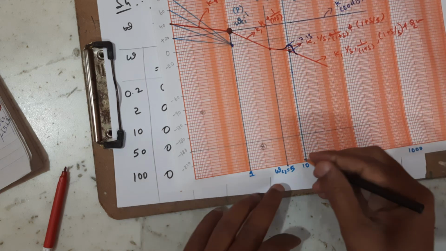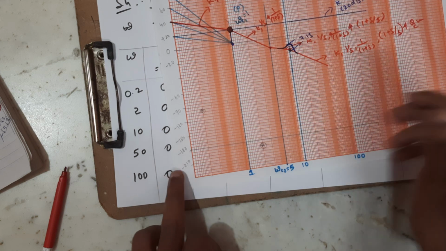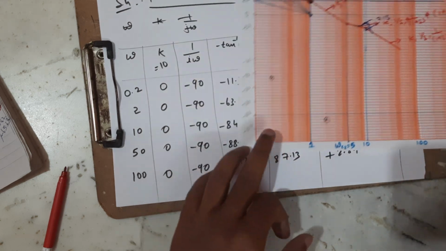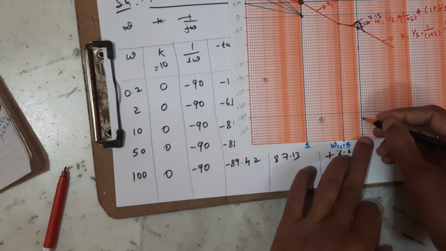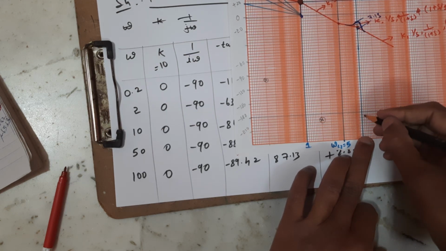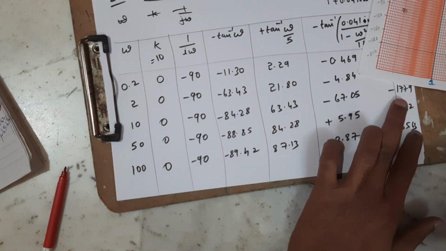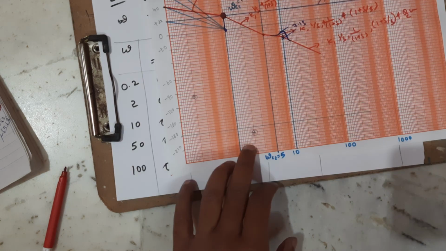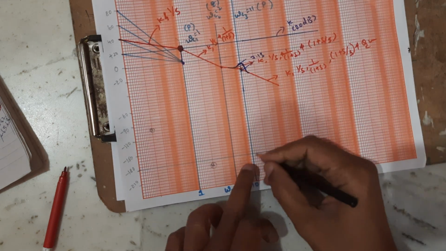When it is 10, so it is equal to 177, right? So 177, this is 180.